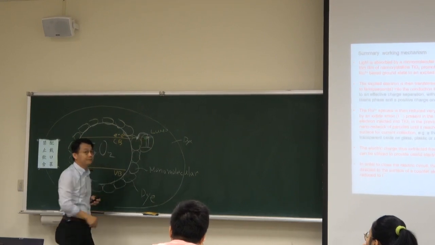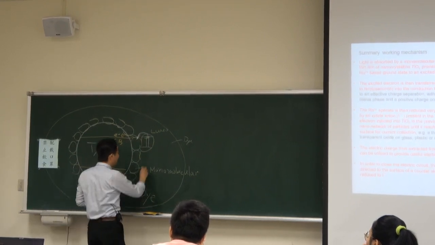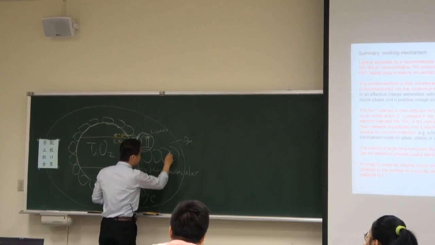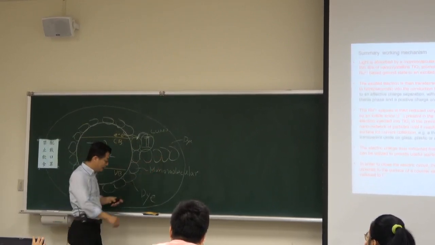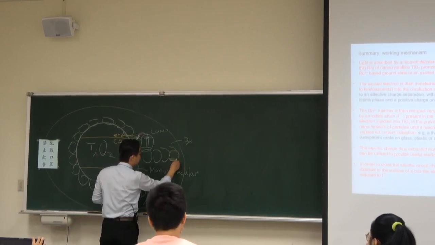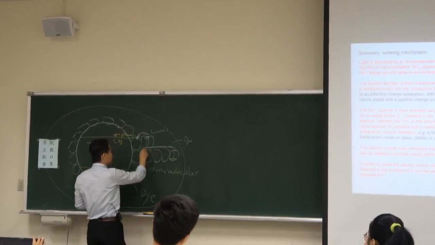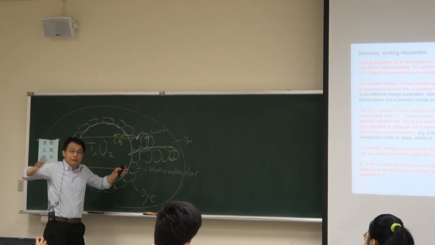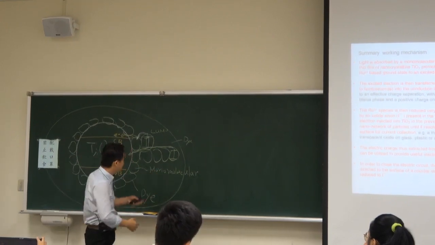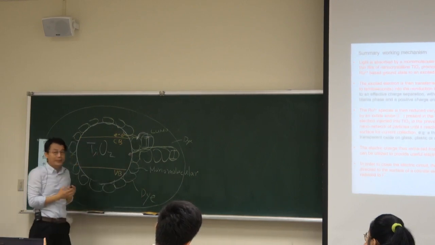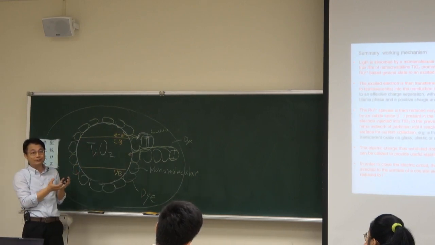There is a problem. And even if you have more dye, you have more electrons, right? And still, the electron transfer to here becomes a high impedance, right? Therefore, TiO2 is just waiting there. There is no electron being absorbed, right?